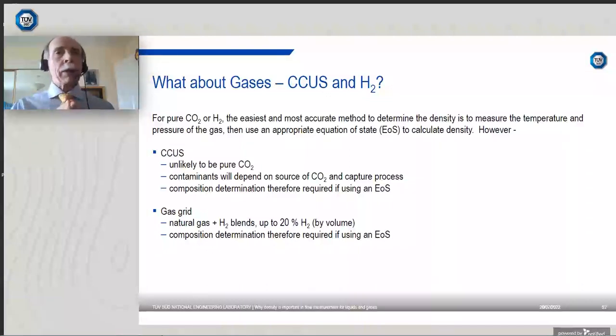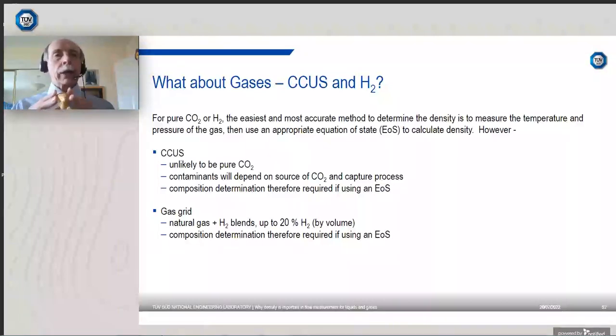There will be contaminants which will depend on the source of the CO2 and also on the capture process. So composition determination will be required if you're going to use an equation of state. In some cases, the contaminant levels will be low. So, to a first approximation, you could probably ignore them and you wouldn't be too far out for certain applications.